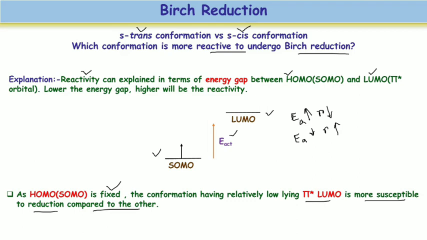So now the competition is sorted out as the competition between the LUMO of S-cis versus the LUMO of S-trans, right?